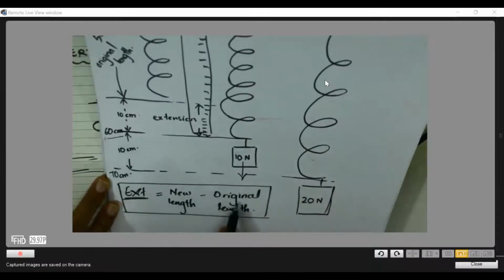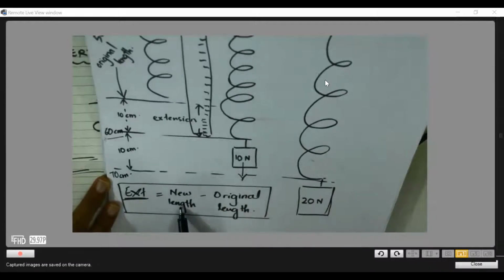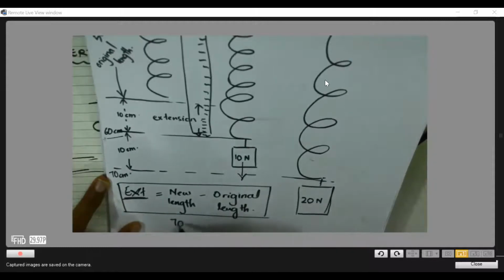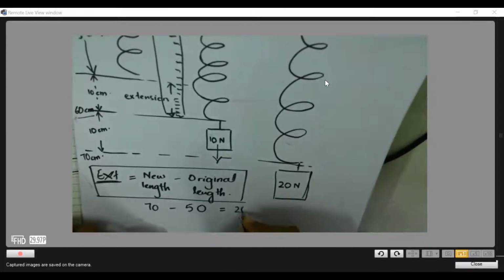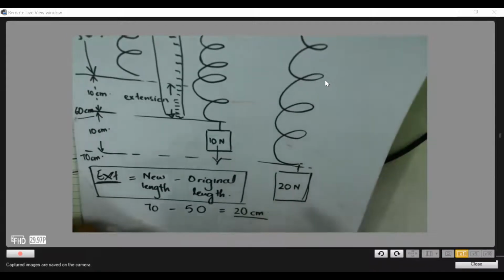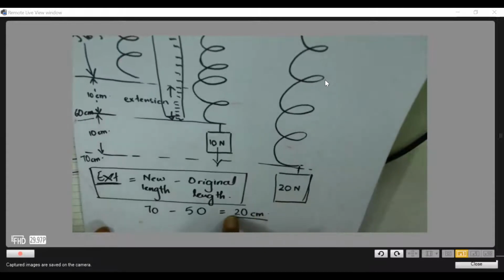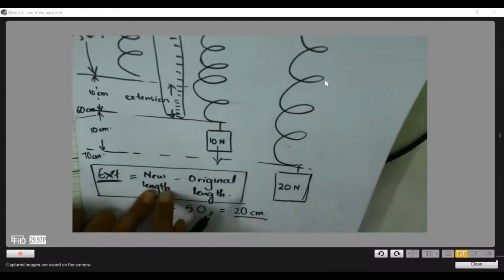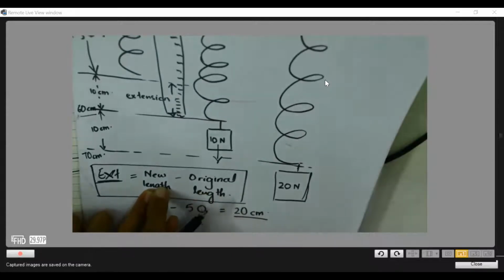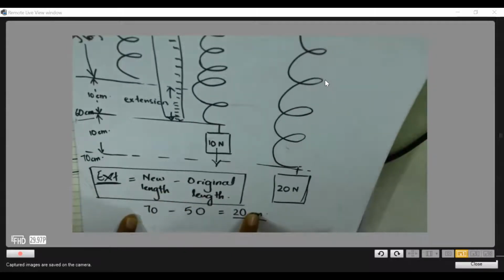Use this formula. New length is 70 centimeters. Original length was 50. So 70 minus 50 gives us 20 centimeters. Whatever the new length you get, you subtract the original length from it and you will get the extension.